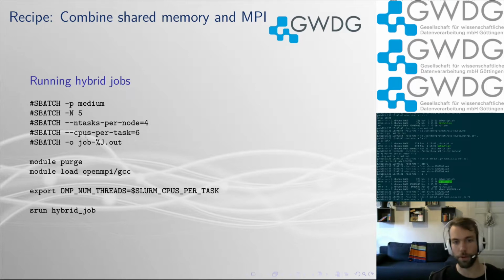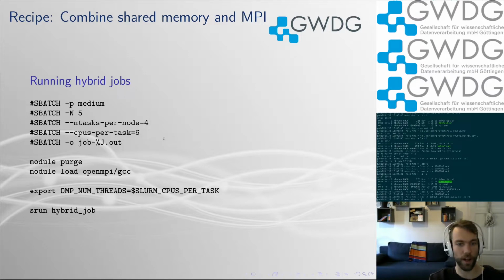With the hybrid jobs, you can say, okay, I just start my program 20 times, and each program uses 5 cores. So in the end, you still use 100 cores, but differently distributed. And you can use the tasks per node, for example, and CPUs per task to do that.